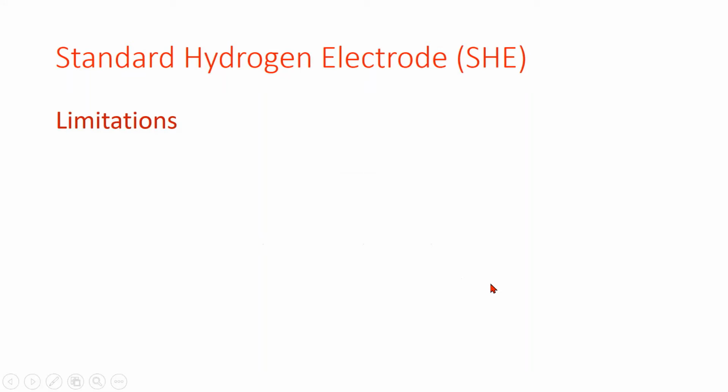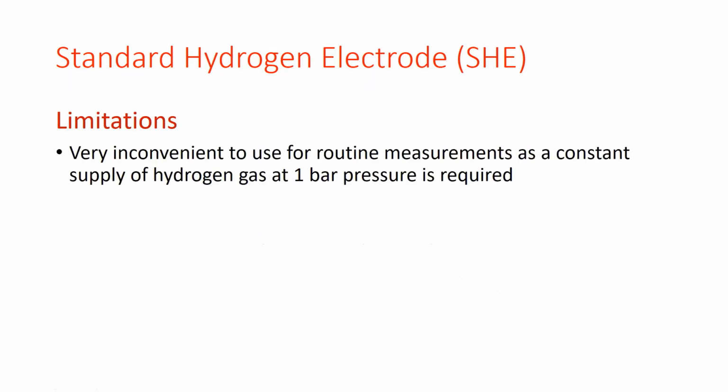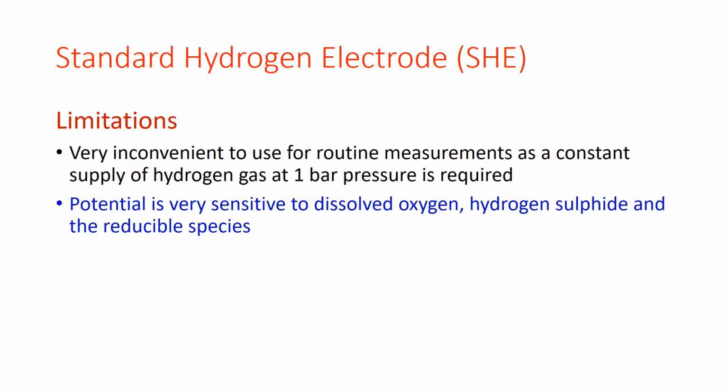Limitations of the standard hydrogen electrode. It is very inconvenient to use for routine measurements as a constant supply of hydrogen gas at 1 atmosphere is required. The potential is very sensitive to dissolved oxygen, hydrogen sulfide, and reducible species. The hydrogen electrode is susceptible to electrode poisoning.